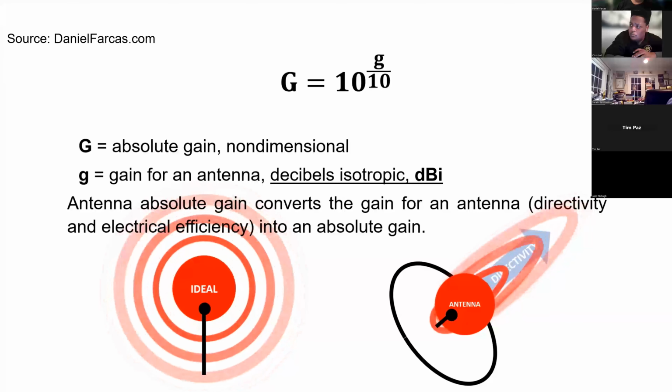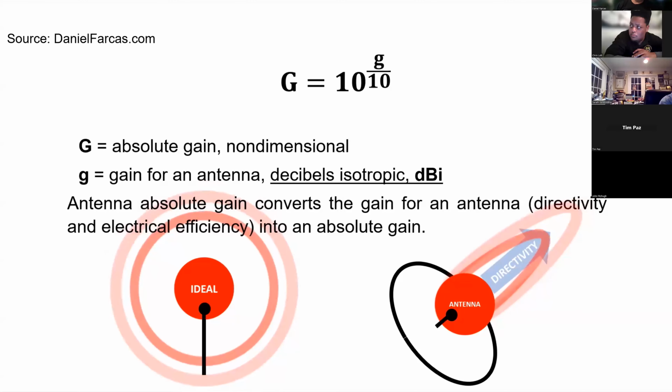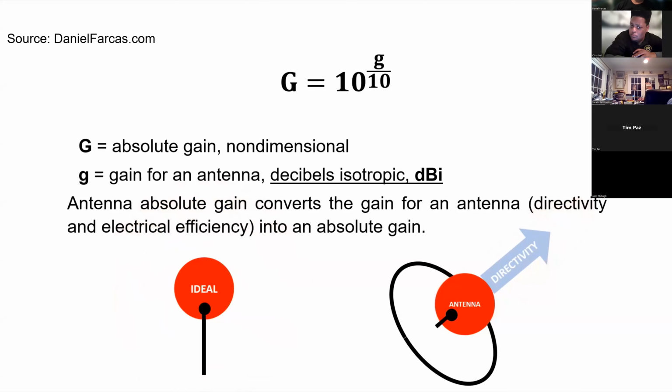That's why we point an antenna in the direction of the receiver. This is done in comparison with the theoretical isotropic radiator, which is an ideal antenna that sends the signal with the same strength in all directions, and serves as the reference or standard.